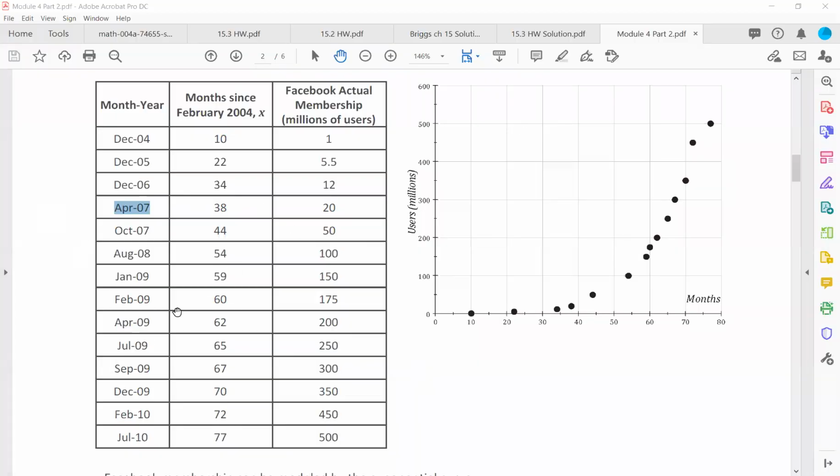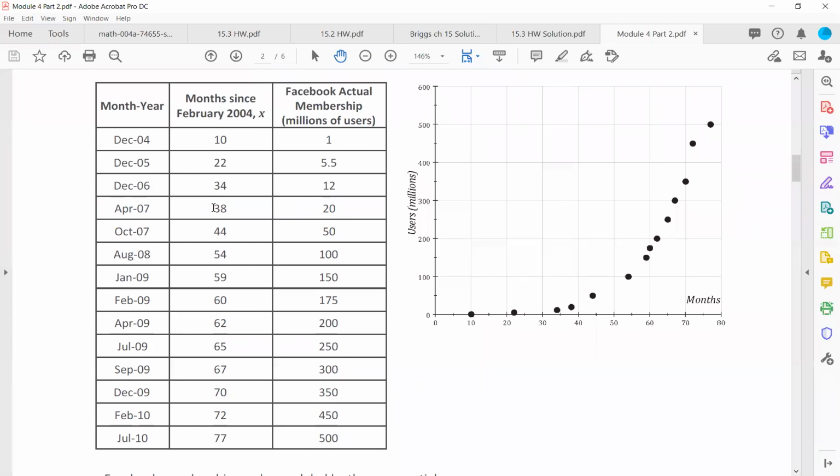By looking at our table, we only have information about April 2007. But the question says, what is X for May 2007? April 2007, since February 2004, we have 38 months.